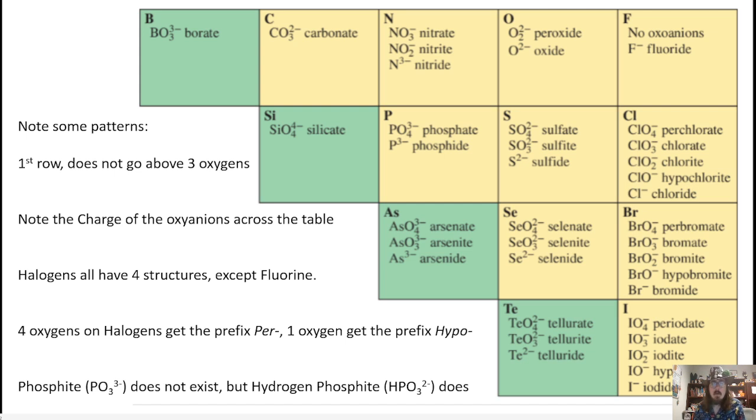As we move down, we see silicate. How is silicate different from carbonate? Well, we added 1 oxygen and it gained another -2 charge. Remember, oxide is 2 minus. So when we add 2 minus onto 2 minus, we get 4 minus.